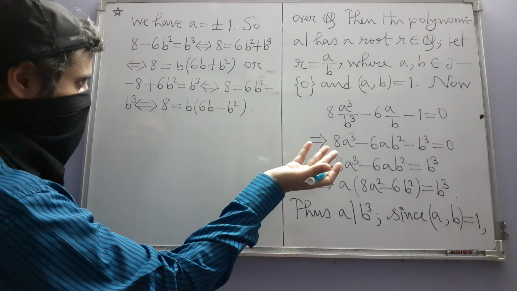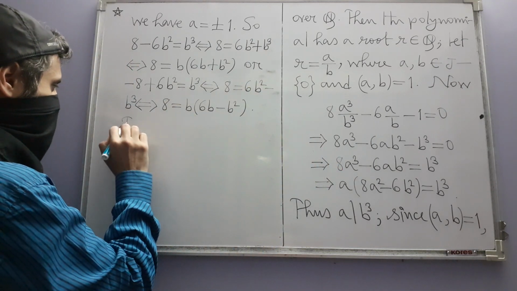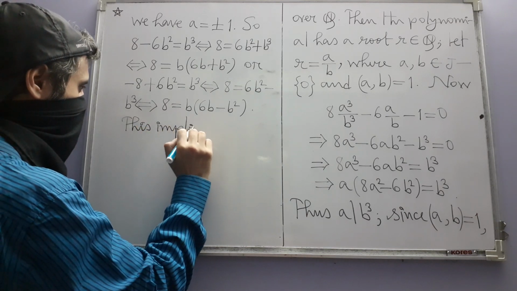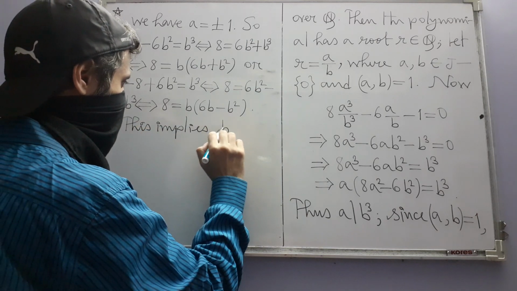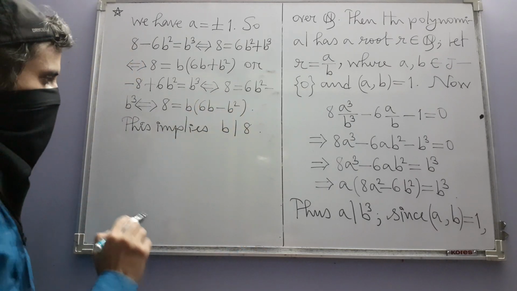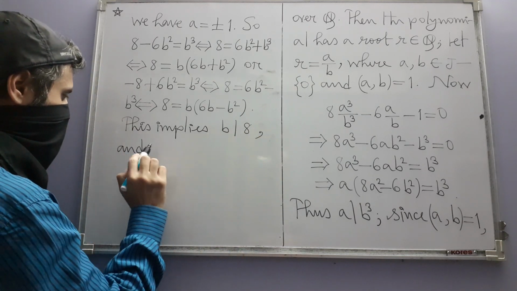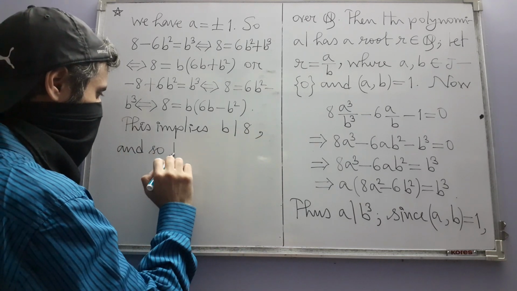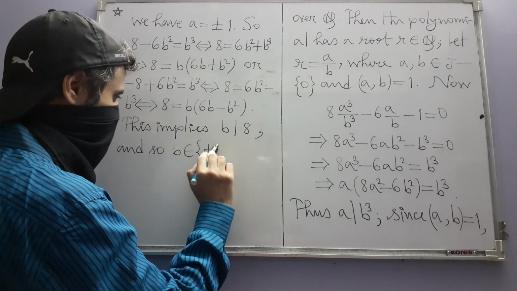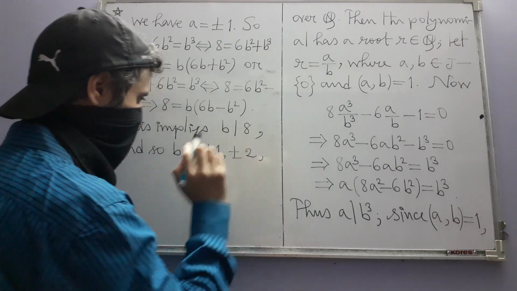But b is non-zero, so that's why we can conclude this. This implies b divides 8. So what are the possibilities for b? So b must come from this set, because these are the only divisors of 8.